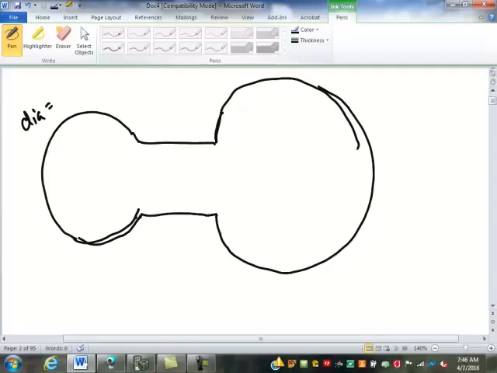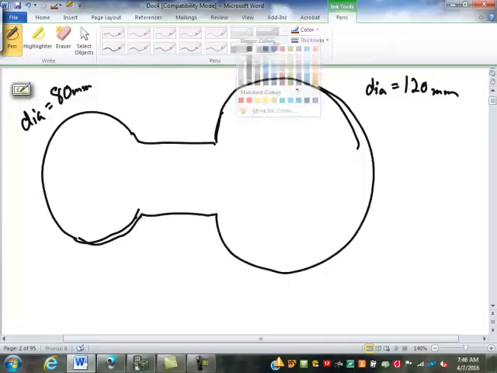Okay, let's say our diameter here is 80 millimeters. Our diameter here is 120 millimeters. I give you a distance across here of, I don't know, let's go 50 millimeters.